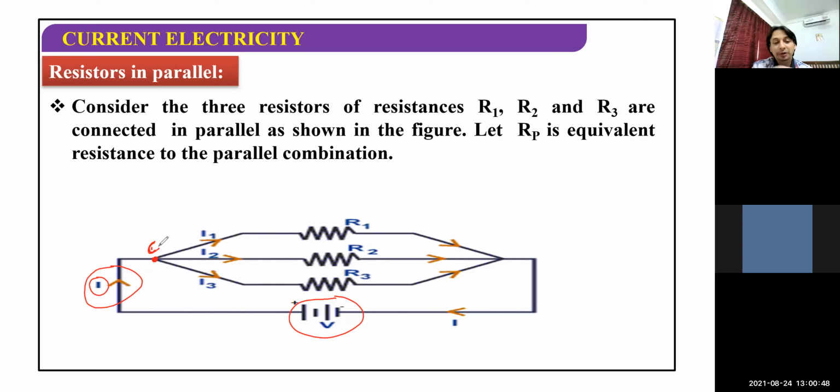You observe that some of the current is moving towards resistor number 1. Some of the current is going to resistor R2, and some of the current is going to resistor number 3.